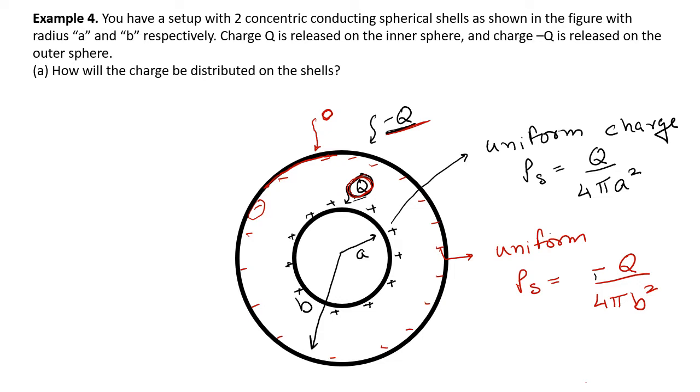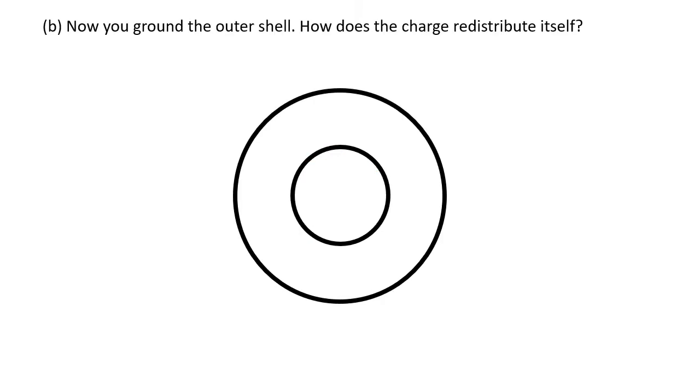In the next step, now we are saying that we take this and we have grounded the outer shell. What would happen? Again, remember, we have charge sitting on the outside surface, plus Q. This charge has nowhere to go. That charge can't really go anywhere. There's no path for it to go any further.